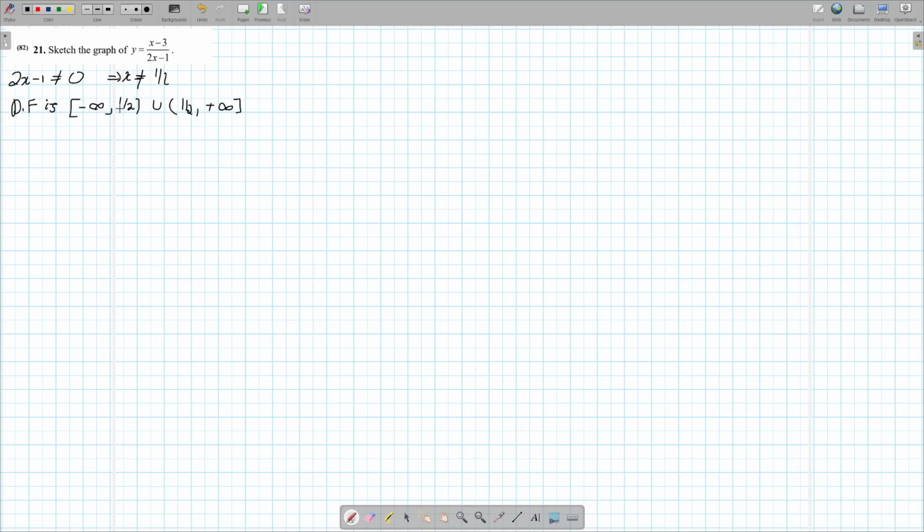So basically what this means is that the graph continues, but over here at half, it skips it. That's what this bracket means. Square bracket means it's included. Parentheses means it's not included. This is not something you need to know, but I always prefer to write it, because you're going to use this later in university.